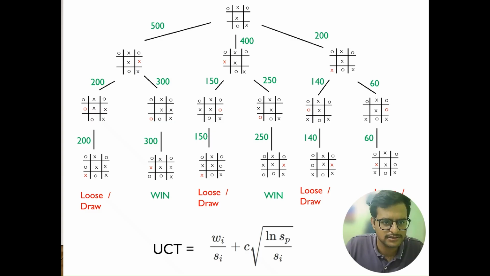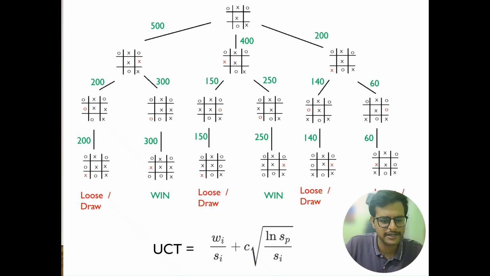After getting this win we have to backtrack and update the values here and here also. And this is how we explore in this formula. Now as we explore this 500 times, the number Sp is increasing.